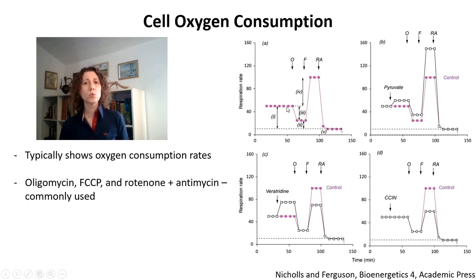So initially here we have a respiratory rate which reflects the normal consumption of oxygen by these plated cells. If you add oligomycin, an inhibitor of the ATP synthase, you inhibit ATP production in mitochondria, increase the inner mitochondrial membrane potential because protons are not returning through the ATP synthase, and this decreases electron transport and oxygen consumption.